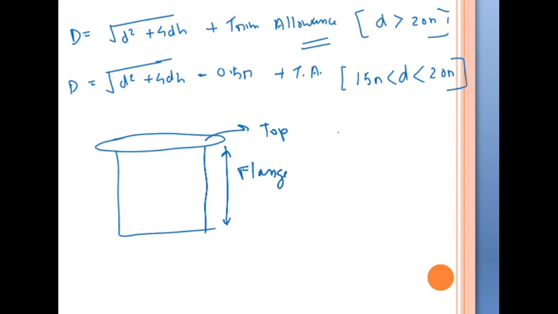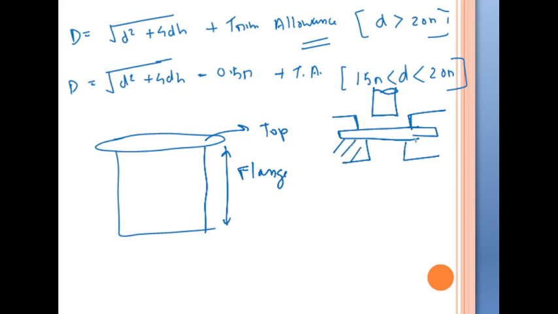Now we know that the blank must be held firmly with the help of blank holders and there will be a punch. Let's say this is the die. These are blank holders. So there will be some blank holding force.